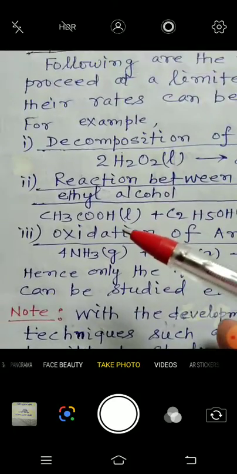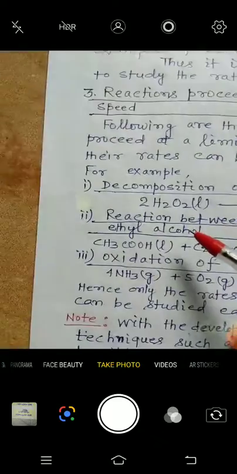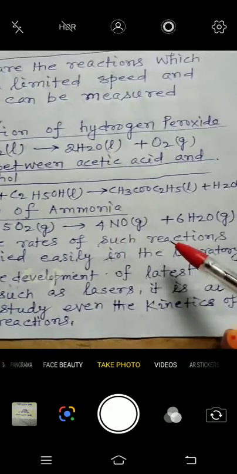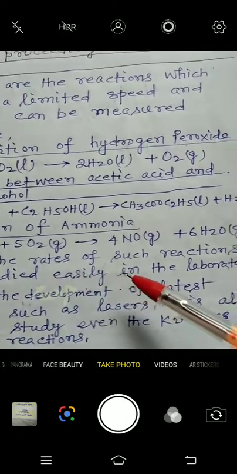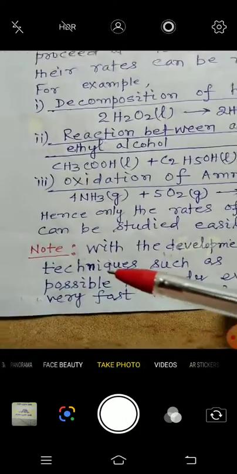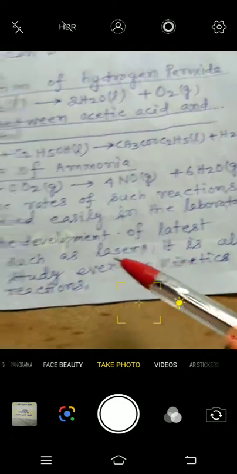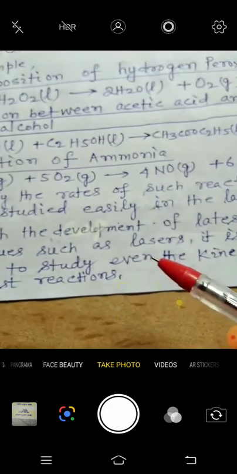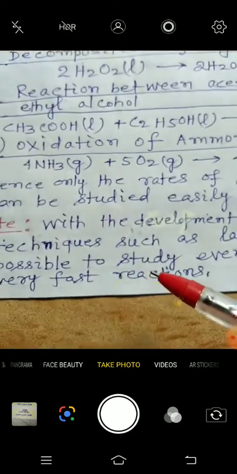These are the examples of reactions proceeding at a measurable speed. Hence, only the rates of such reactions can be studied easily in the laboratory. Very important thing, with the development of latest techniques such as lasers, it is also possible to study even the kinetics of very fast reactions.